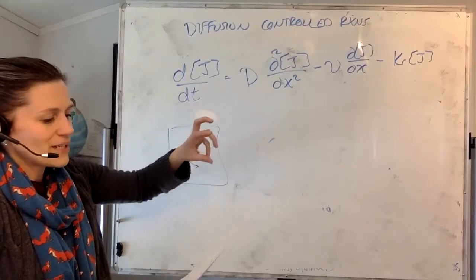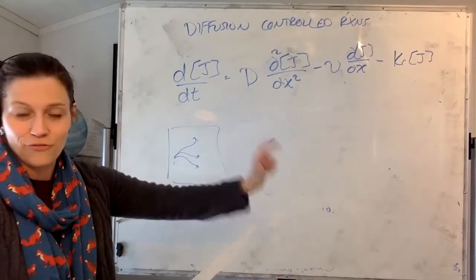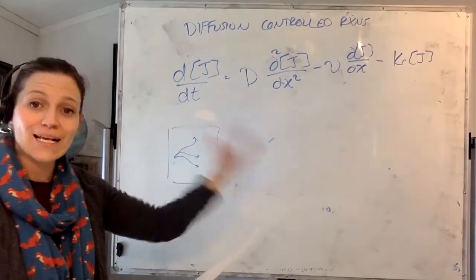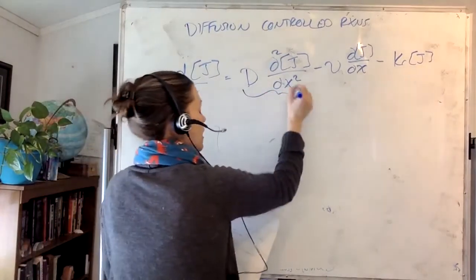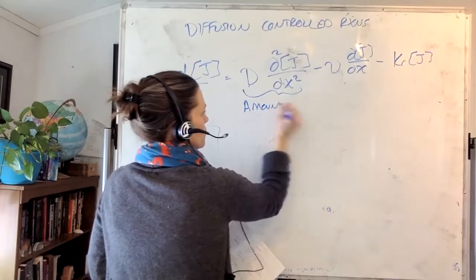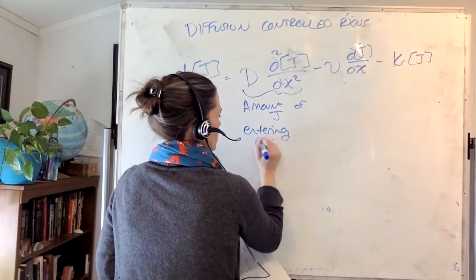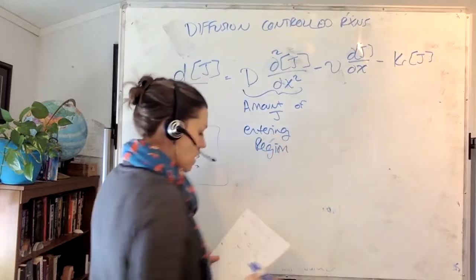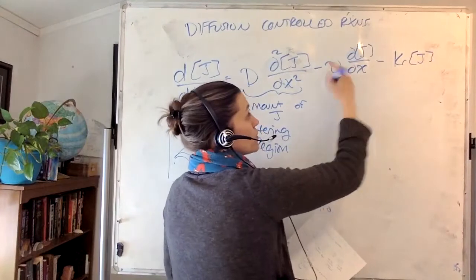So what the material balance helps us do is quantify the bookkeeping for how these materials are changing as they're flowing. Cool. Okay, so this is the amount of J entering a region. Notice it's a negative sign here.